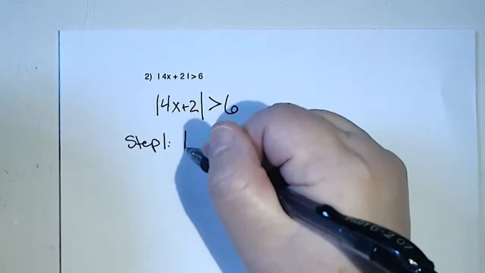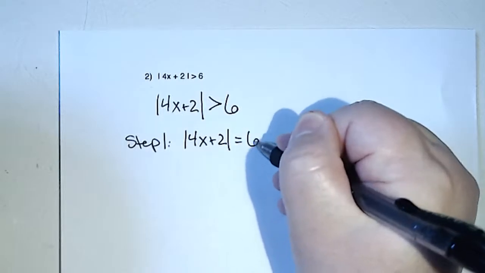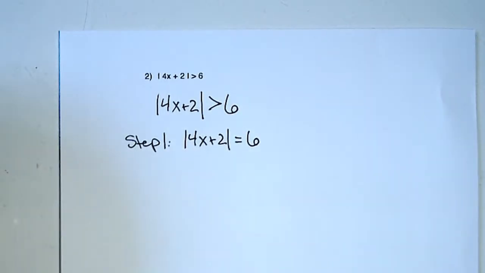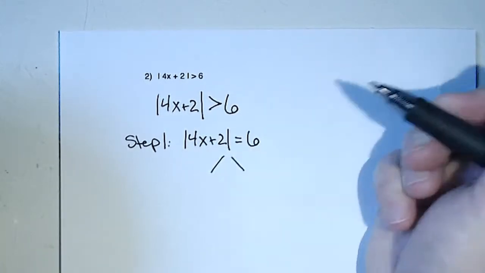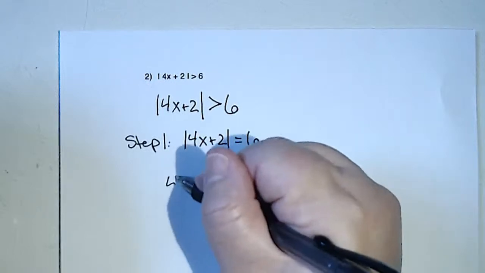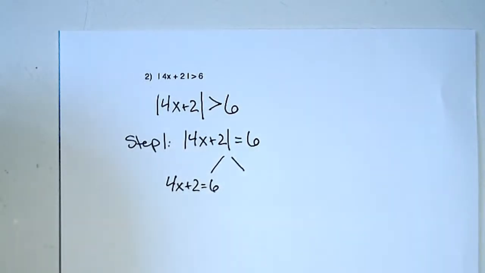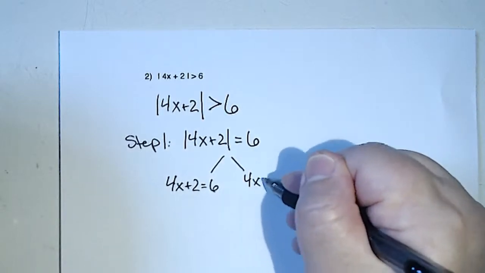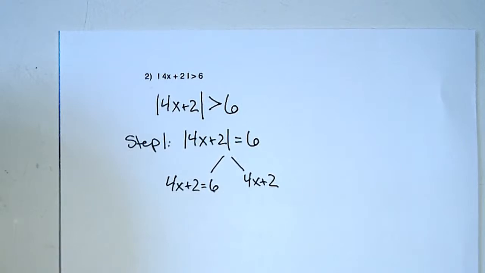So step 1, solve the related equation. So let's solve the absolute value equation. If I've got absolute value of something equals a number, either the thing equaled the number without the absolute values, or the expression, look at me using real math terms, expression.